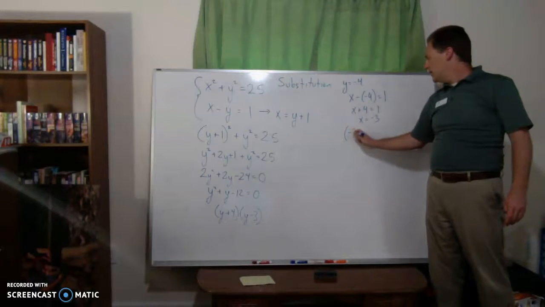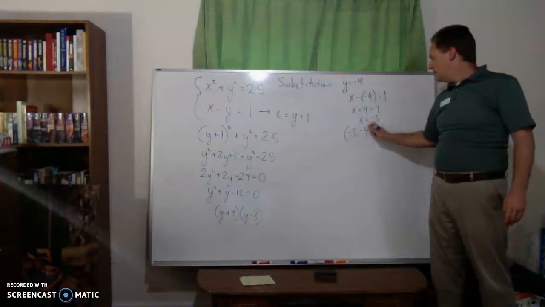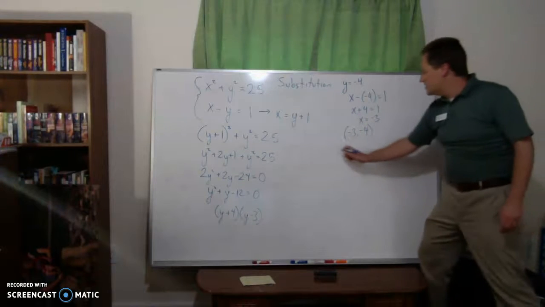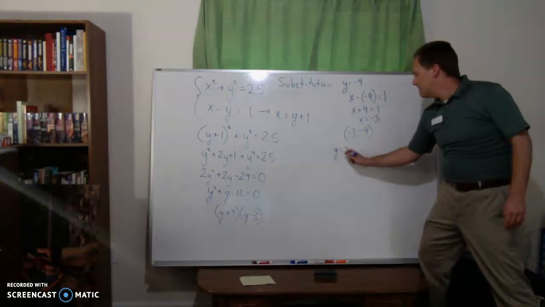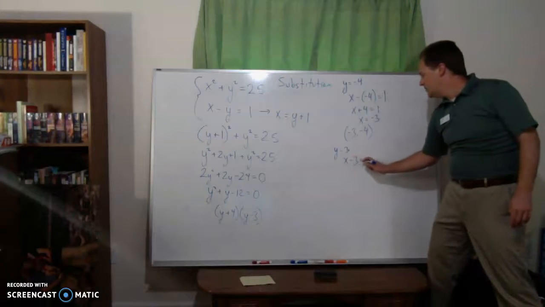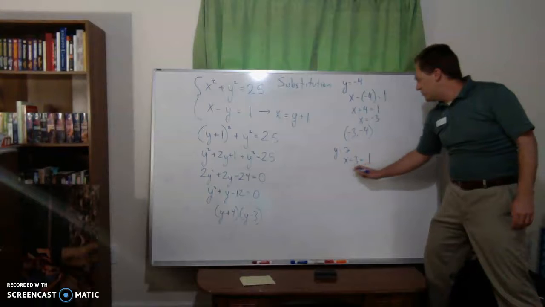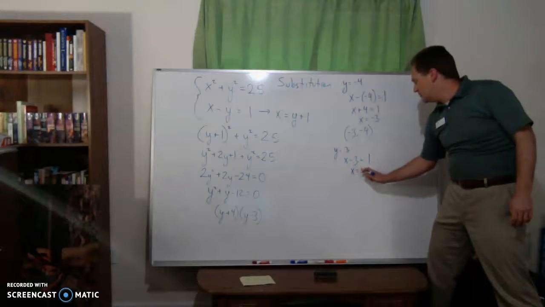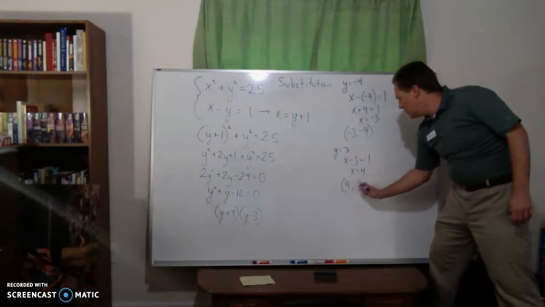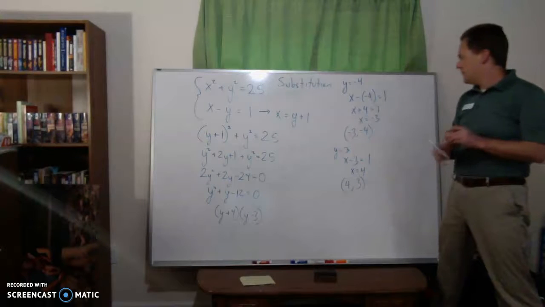So we have the ordered pair negative 3, negative 4. Now if y is 3, we'd have x minus 3 is equal to 1. Add 3 to both sides, x is equal to 4. So we have the ordered pair 4, 3.